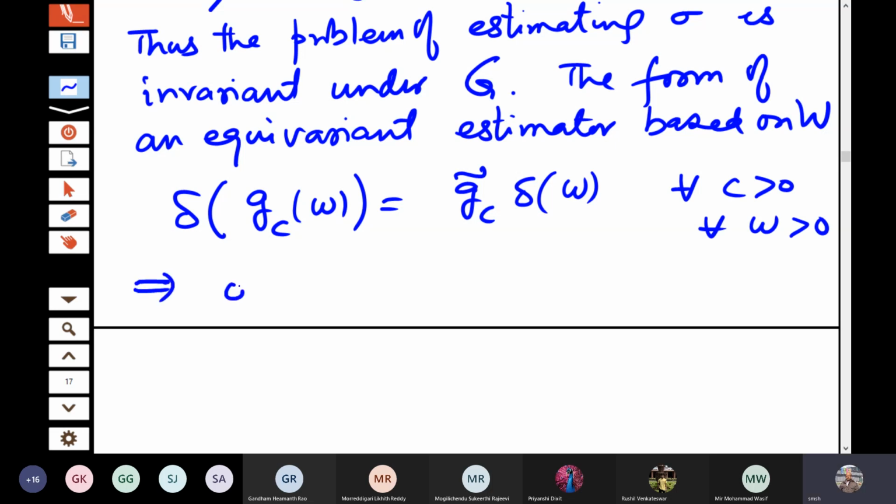This means delta of CW is equal to C times delta of W.